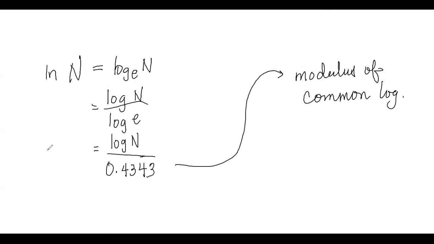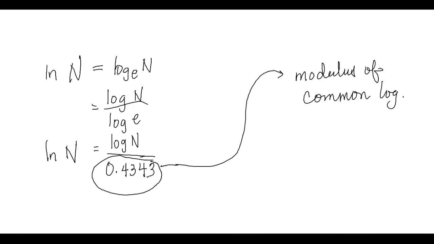This means that if our calculator has no ln function, we can find the ln of n using the logarithm of n over 0.4343. Okay? That is the modulus of common logarithm.